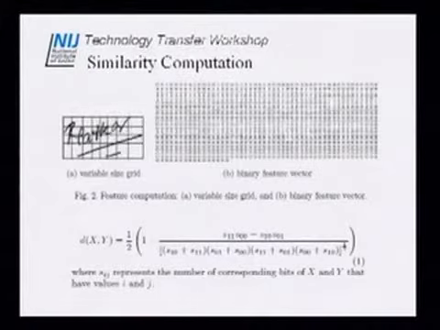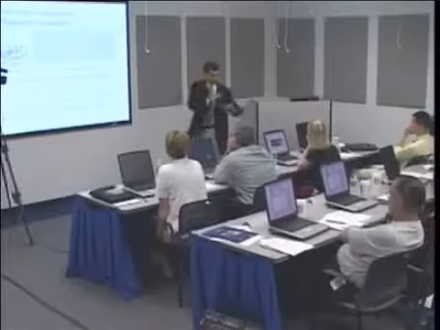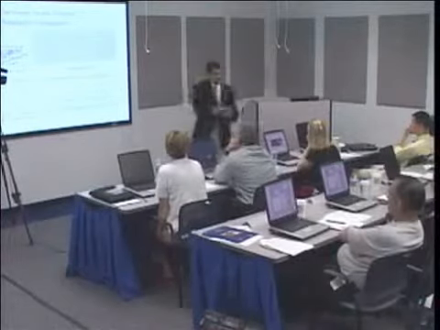S11 is how many bits have 1 in both places. How many bits have both zeros? Let's say S00. Then 1 0 and 0 1. That's all. You lay them one against the other and count how many of the bits match, and we compute this ratio. And this particular ratio has a name actually.